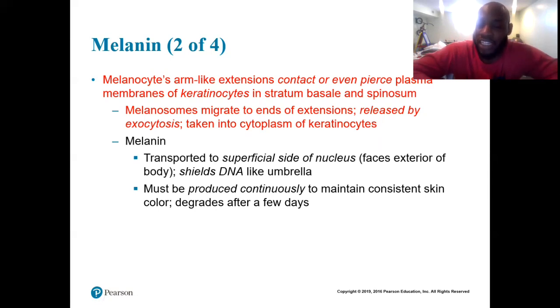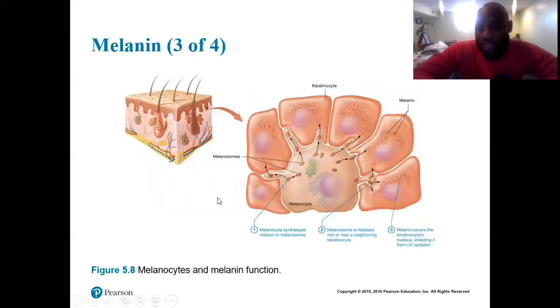First of all, you maintain a consistent skin color, but you also want to maintain that shield, right, so that our DNA doesn't mutate. So this is the structure of the melanocyte, right? Melanin producing cells, all right? See, it has these arms that extend into the surrounding keratinocytes.